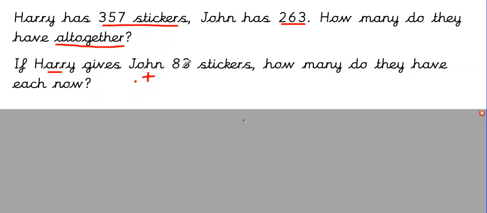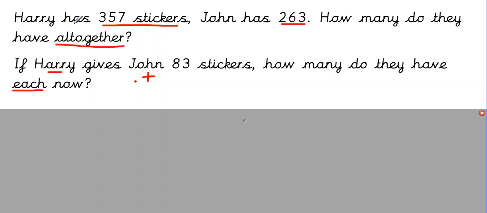Because he's going to have 83 more than what he started with. So he started with 263 and he's going to have 83 more at the end. So there we need to do an addition. We need to do 263 add 83. But for Harry, he's giving them to John, so that means that he's going to take 83 stickers away from himself and give them to John. So we're going to have to do 357 take away 83 to work out how many they each have now.